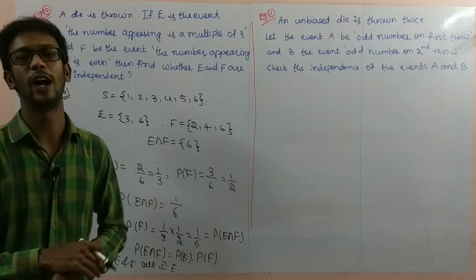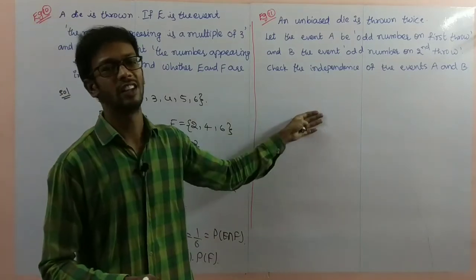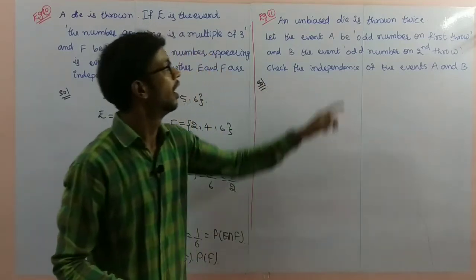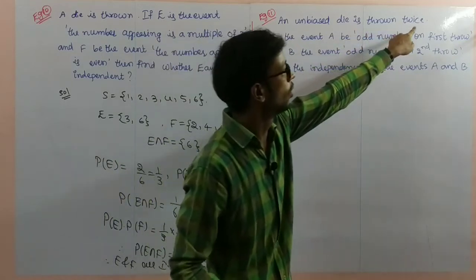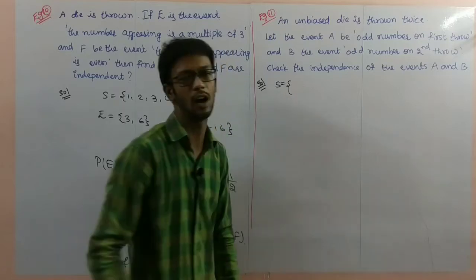So this is a way of finding whether events are independent or not. So next, problem number 11, same, independent or not. I'll take an unbiased die thrown twice. Thrown twice means you will get 36 outcomes.